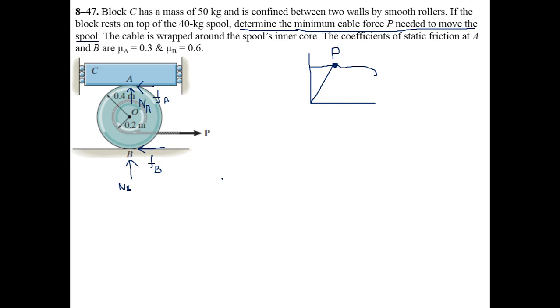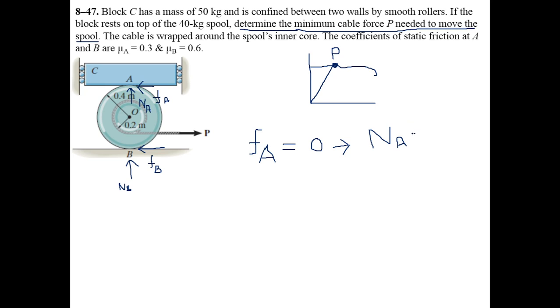During your solution you will notice that you will have some unrealistic results. For example, if you solve this problem using the methodology of a type 2 problem, you will get Fa to be 0, and this means that Na is 0, because in a type 2 problem Fa is equal to mu A times Na.